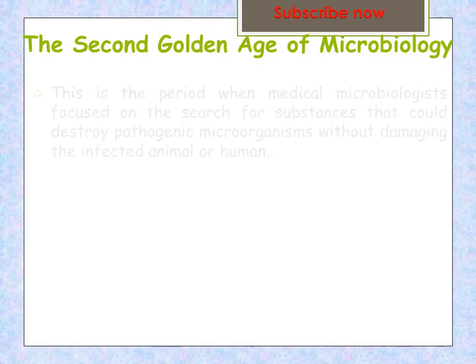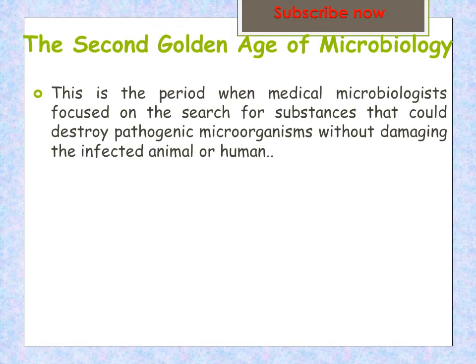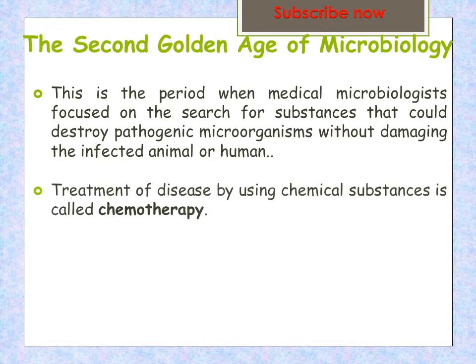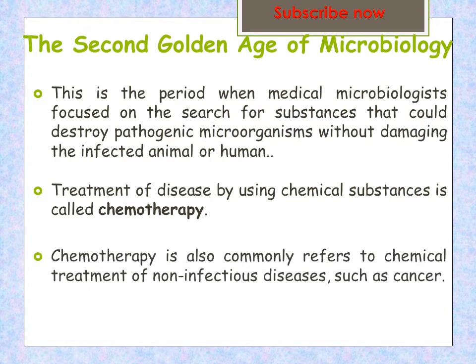This is the period when medical microbiologists focused on the search for substances that could destroy pathogenic microorganisms without damaging the infected animals or humans. The treatment of diseases by using chemical substances is called chemotherapy. Chemotherapy is also commonly referred to as chemical treatment of non-infectious diseases such as cancer.